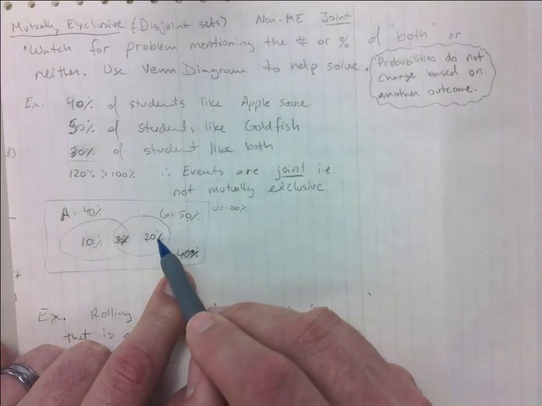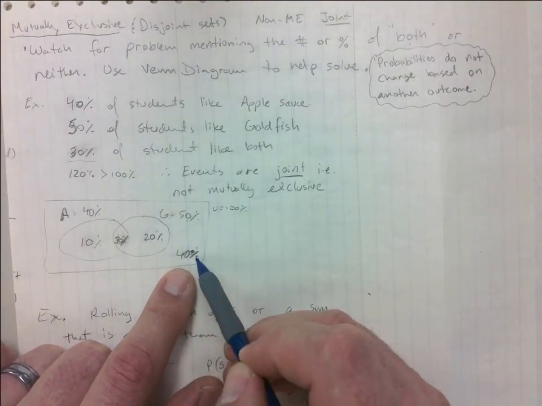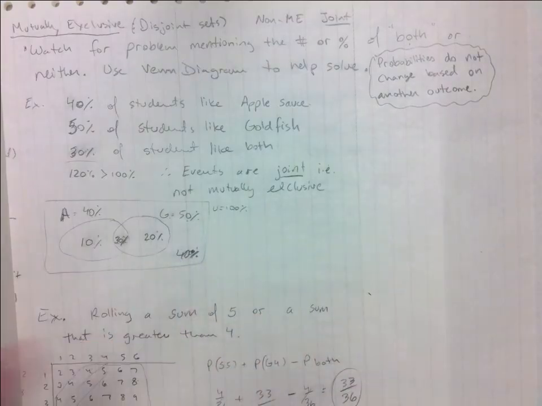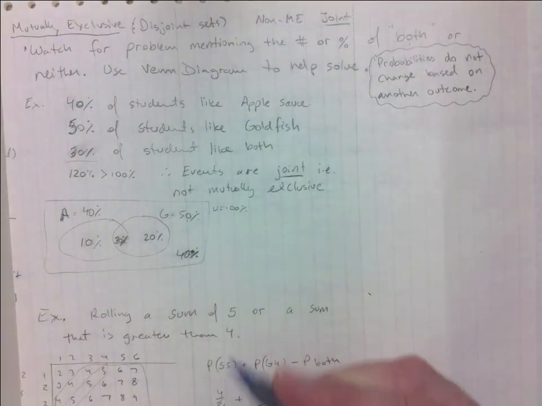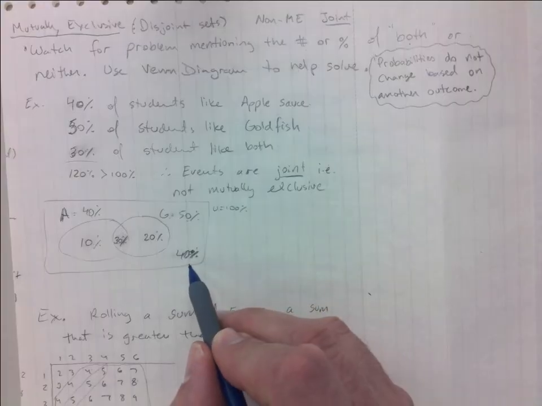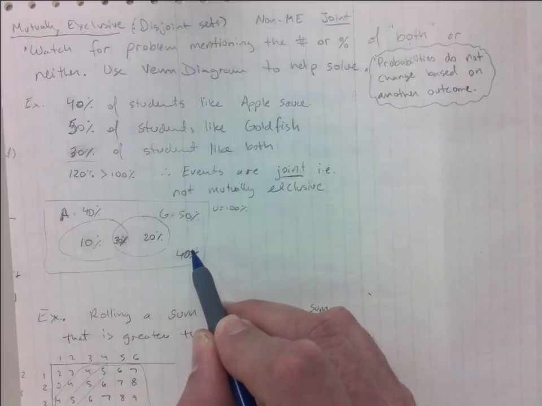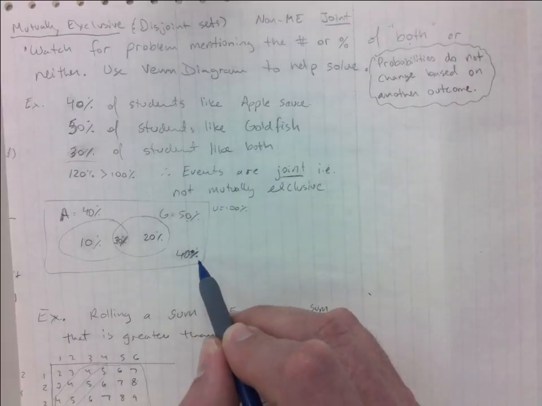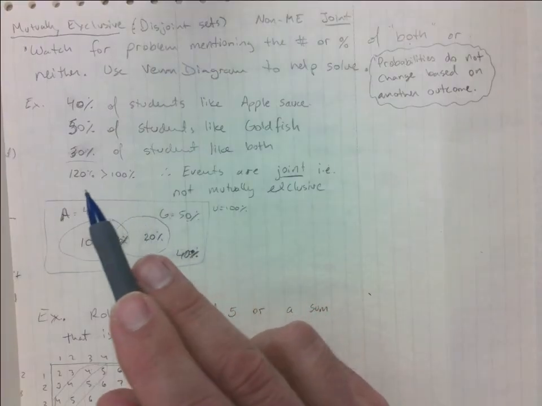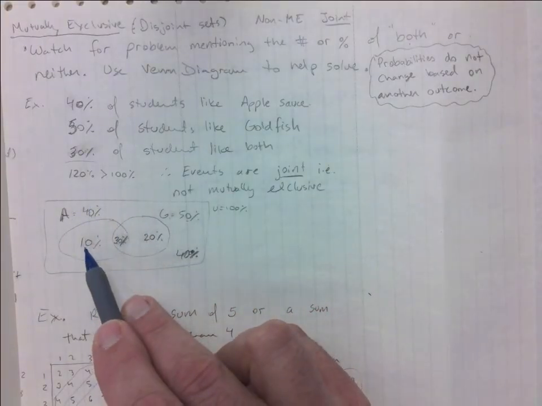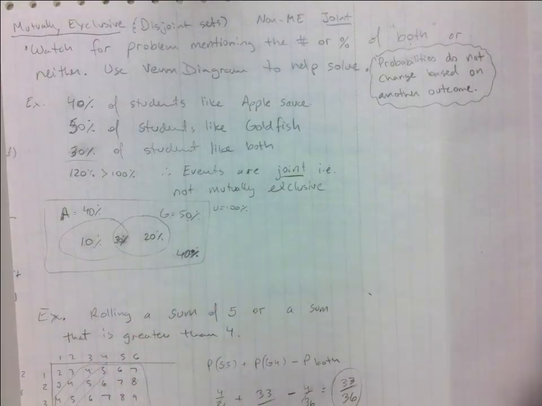I subtract these three from 100 to get my 40. So now I have a Venn diagram that allows me to answer just about any of the questions. If it asks what percentage of students do not like either one, 40%; which ones only like goldfish, 20; only like applesauce, 10; and so forth.